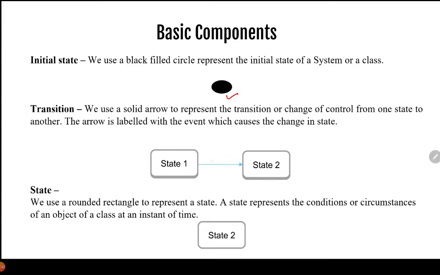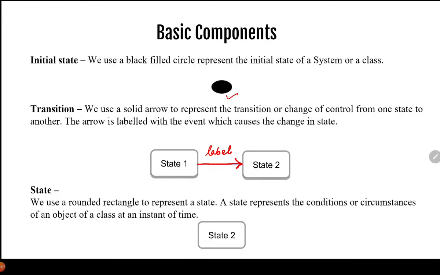So here we will be showing it with a directed arrow, and this is a transition basically from one state to another state. Generally we can put a label here on top of the arrow or below the arrow stating what event caused the change in the state. But however, it is not entirely mandatory that we put a label on it.